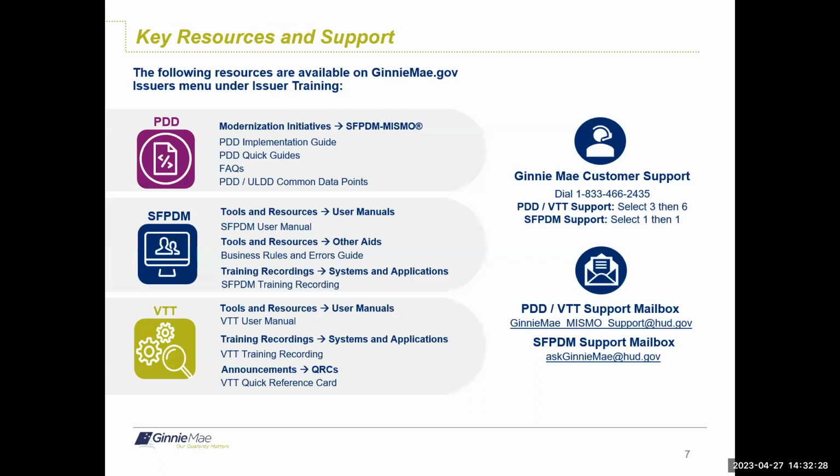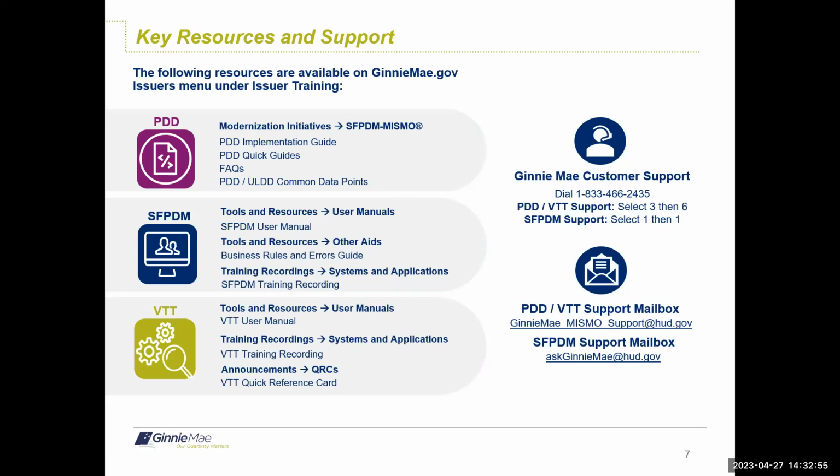The last slide here before we get to questions, I'm not going to read through all of these, but we have a lot of different key resources across the different main components of this adoption effort. So if you have questions around the PDD, we have documents you can see up there, most notably the implementation guide. We have documentation around SFPDM, the production pooling application, and the relevant references there.